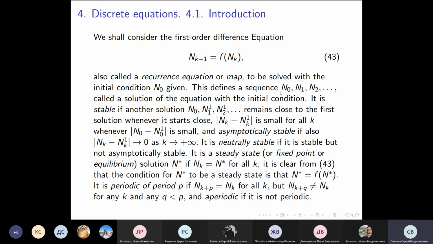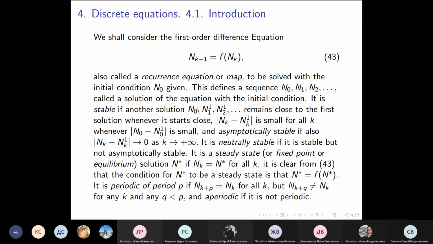So if we change n0, we'll get another solution, and we can compare the solutions that we got from close initial conditions. The same as in differential equations, we change the initial condition a little, and then we'll see if the solution will become close to our first solution or not.